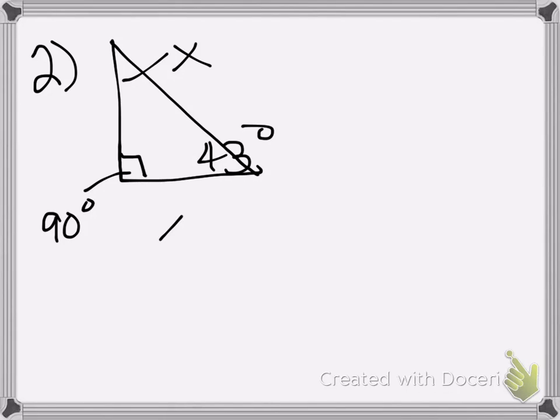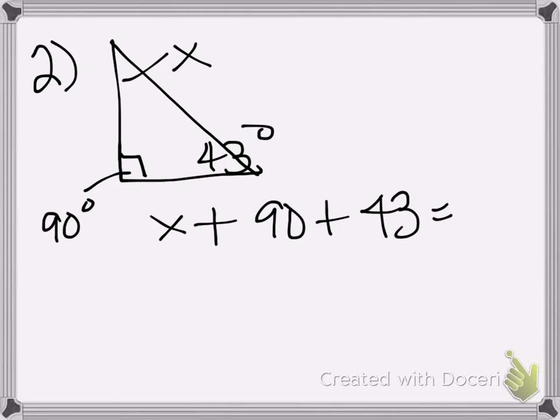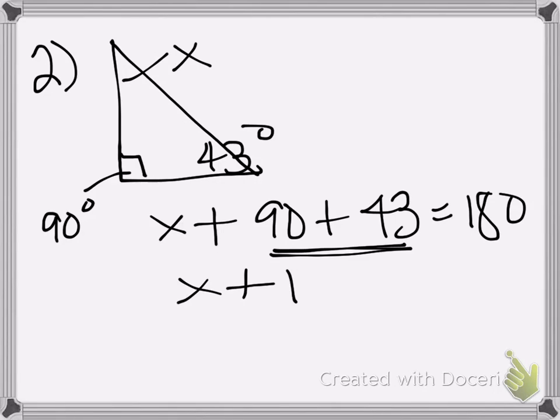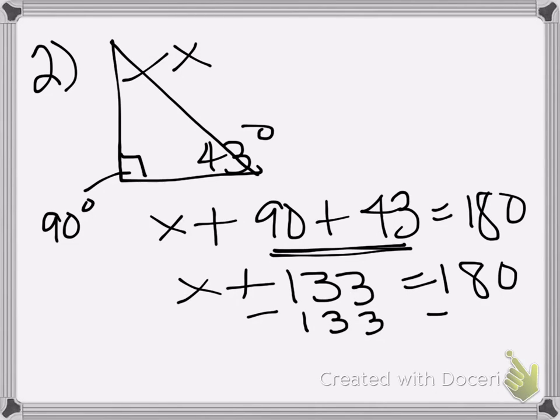It would be the angle we don't know, x, plus 90 plus 43 equals 180. Add the 2 angles we know, so 90 plus 43 is 133. Then you can subtract 133 from both sides.